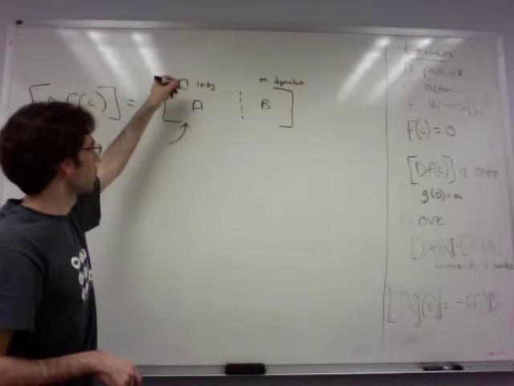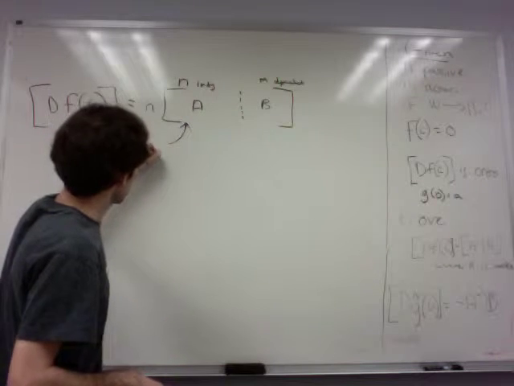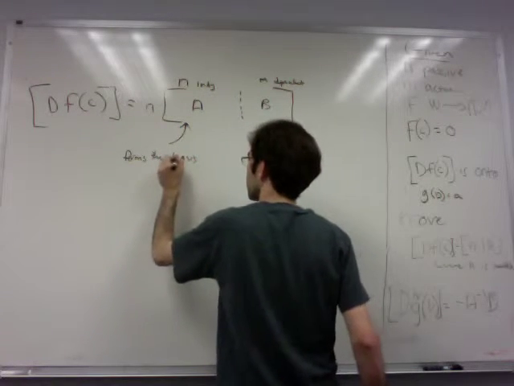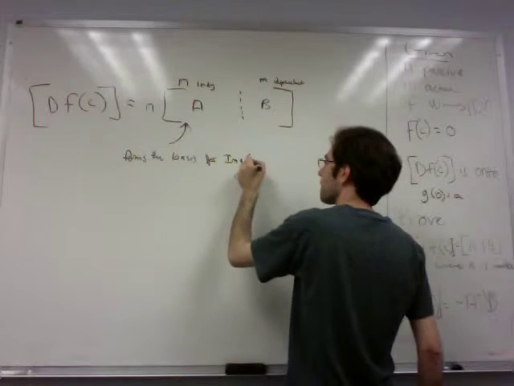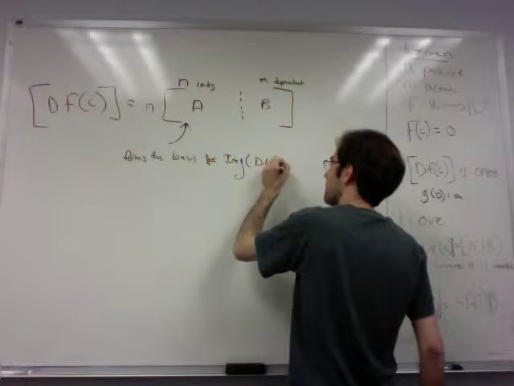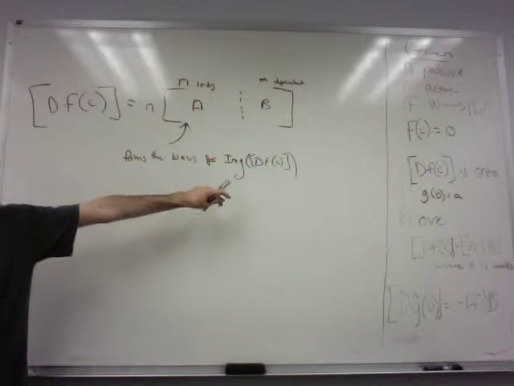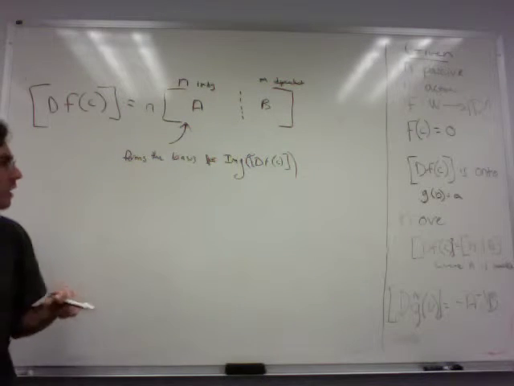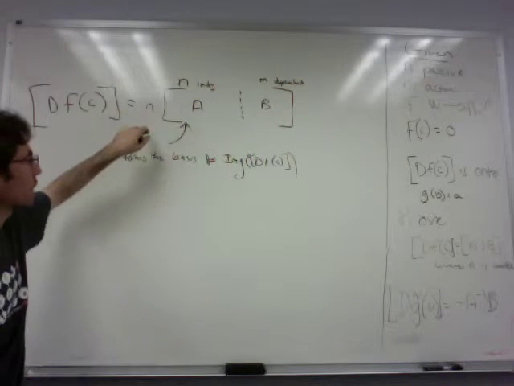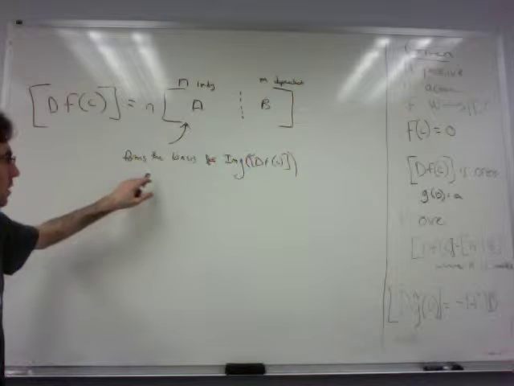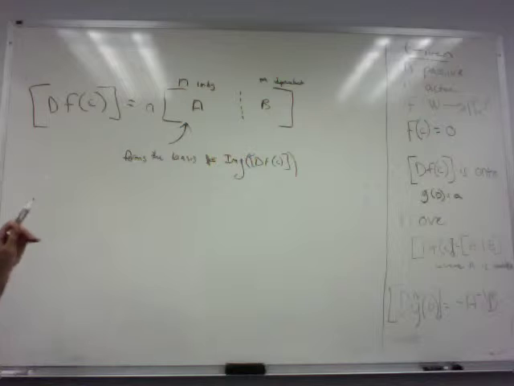But what we notice here is that with A, if that's n linearly independent columns, then this forms the basis for the image of this derivative. And we also notice that A is n by n, and that it's onto, because these are n linearly independent columns forming this basis.